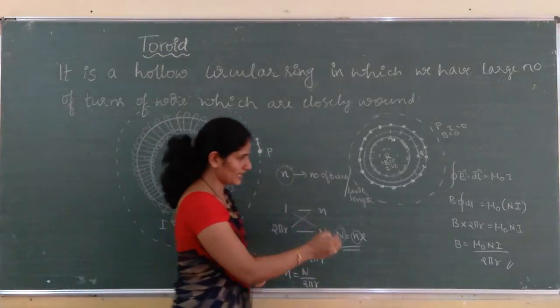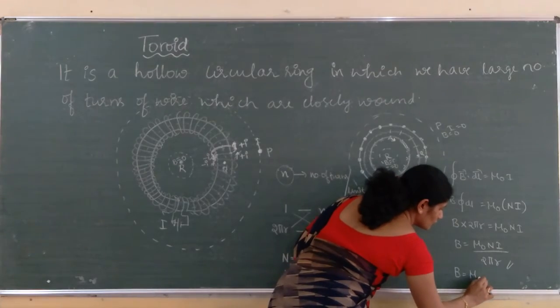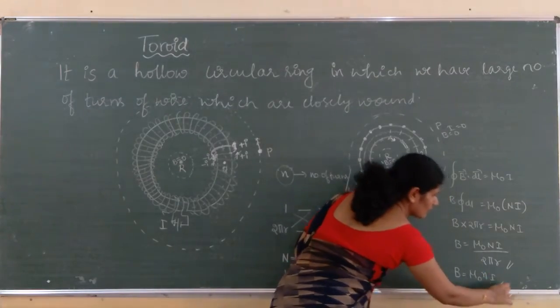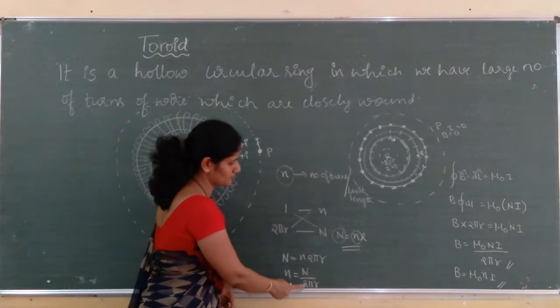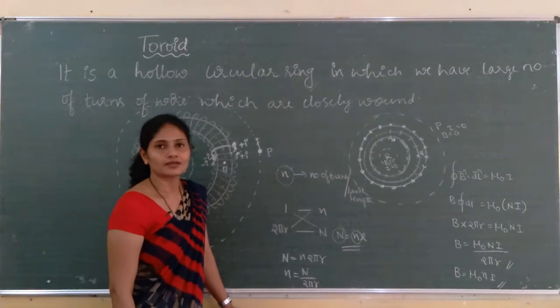So, N by 2 pi r is nothing but n. Therefore, B is equal to mu naught n into I, where n is equal to the number of turns per circumference of the circle.